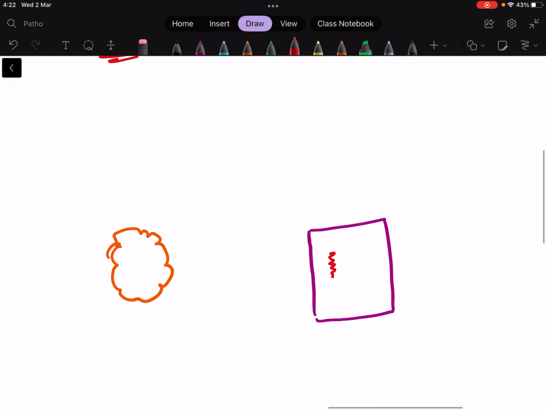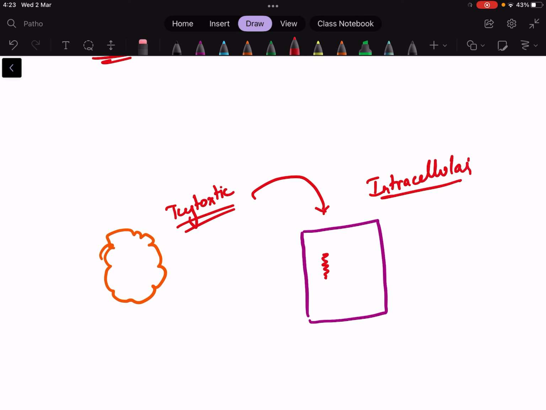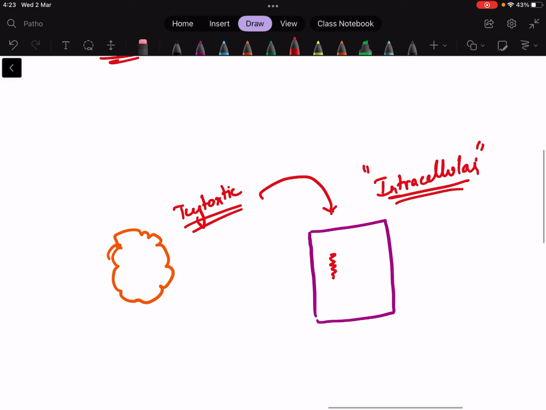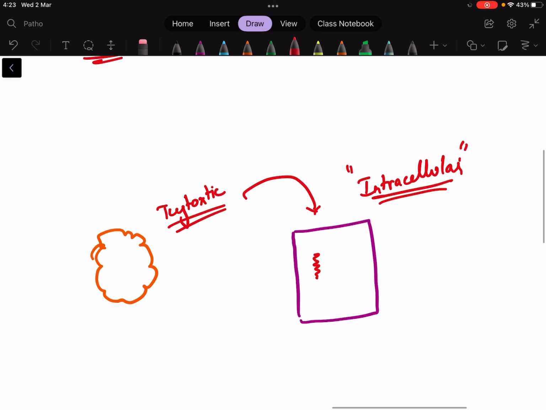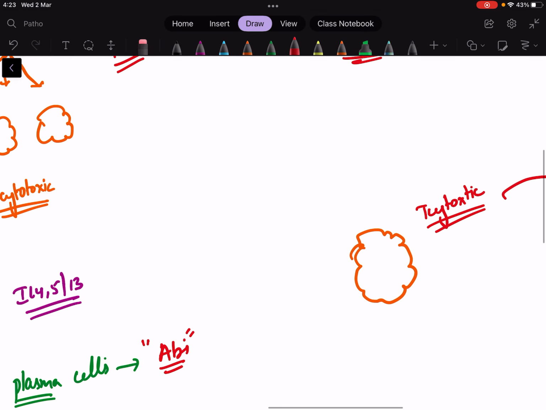This T cytotoxic cell can kill this intracellular virus. Okay, it can kill the intracellular virus or bacteria. Hence, it is more potent compared to any other T cell. Hence cytotoxic, because cyto means cells. It is toxic to the infected cells. Hence, it is called a T cytotoxic cell.